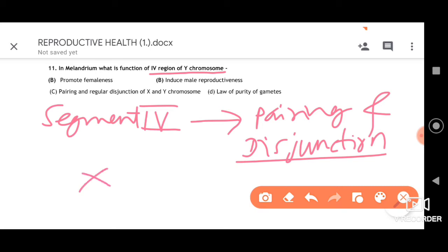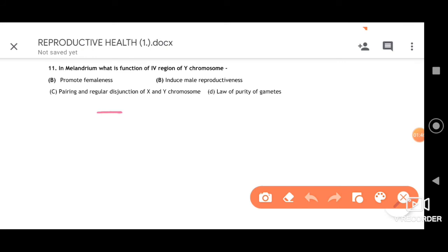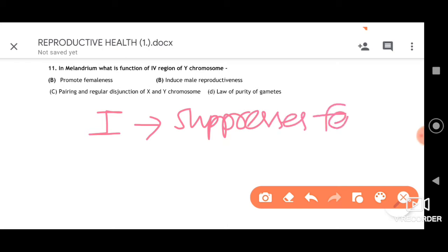Now the other regions have 3 segments, that is segment 1, segment 2 and segment 3. Segment 1 suppresses femaleness. So what is the meaning here is very simple.